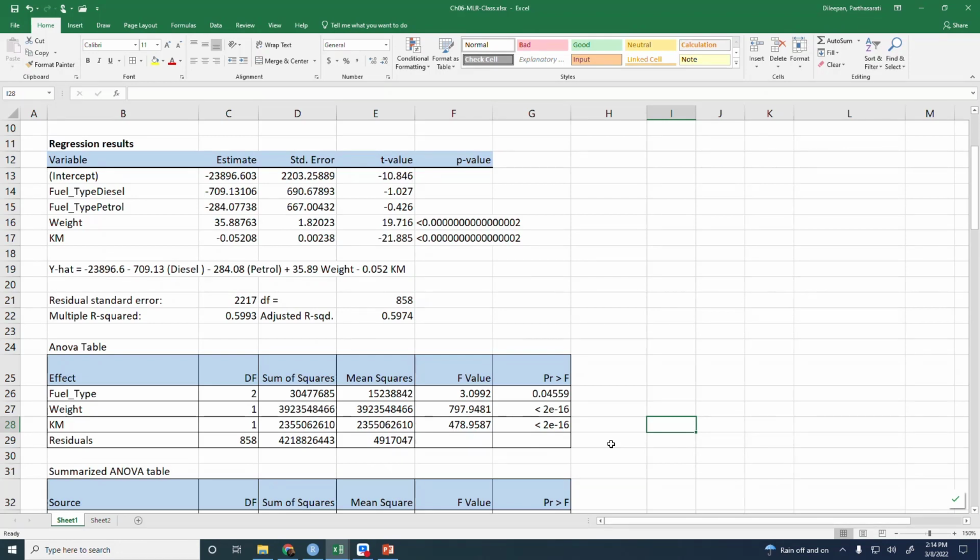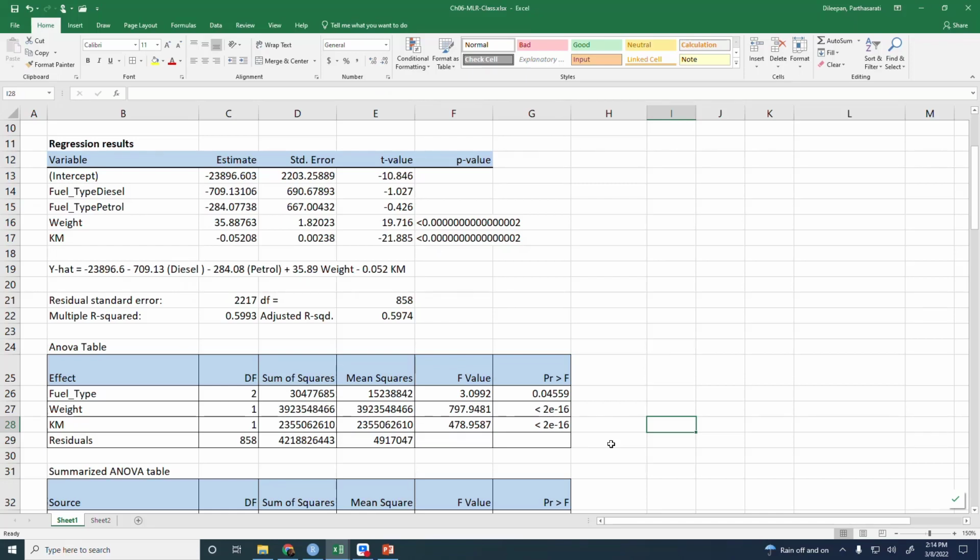Now you see fuel type, since it is a categorical variable with 3 levels, okay, generates 2 dummy variables. So that is coming into the equation with 2 variables, and that's why the degrees of freedom is 2.